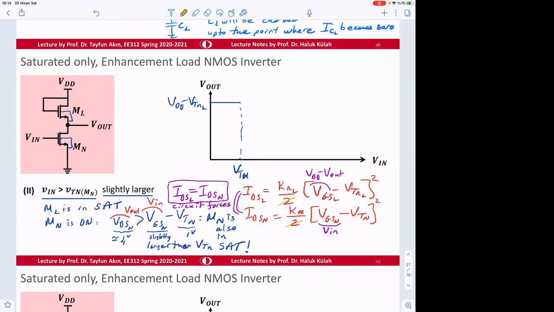In fact, when you do all the math, you will see that V out divided by V in is going to be proportional to minus, because the slope is actually going to be minus, something minus V out, it's going to be Kn of L divided by Kn.